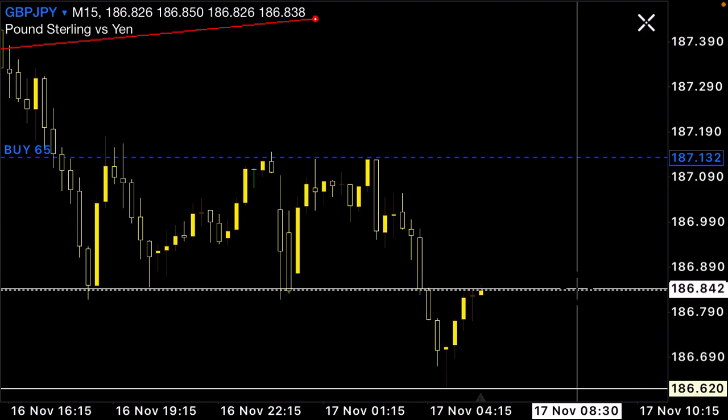So just the calculator would be subtract 186.840 from 187.32, because up at the top in the blue, all the way to the right of the screen, that's where the order was placed in, which was a buy order, expecting the market to go up.